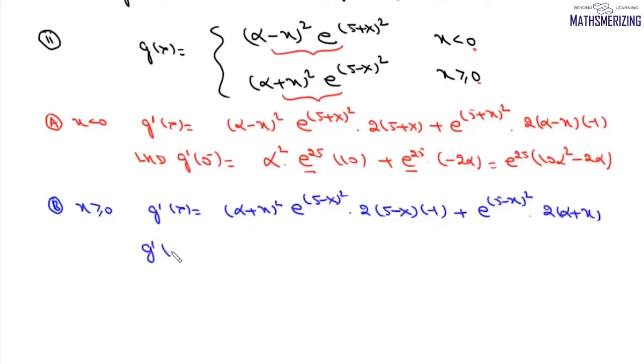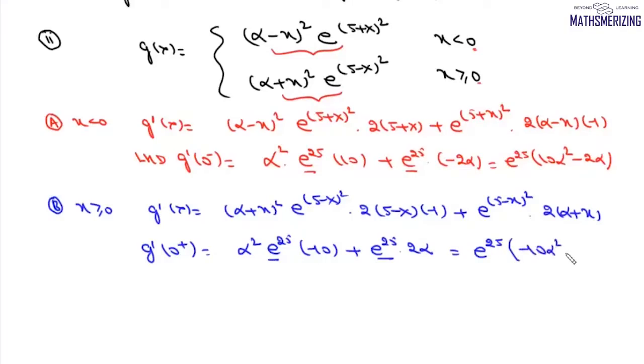Now we'll find g dash 0 positive. It will be alpha square into e to the power 5 into minus 10 plus e to the power 5 into 2 alpha. Now again we'll take e to the power 5 common. So we'll get minus 10 alpha square plus 2 alpha. That's your right hand derivative.